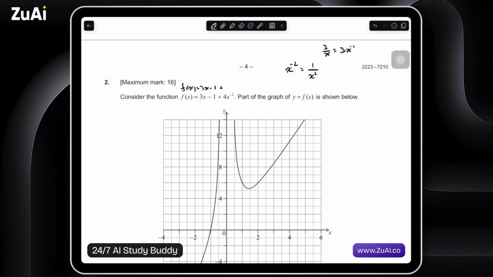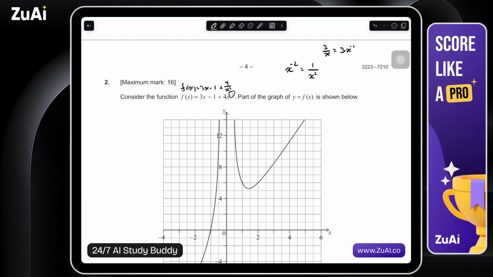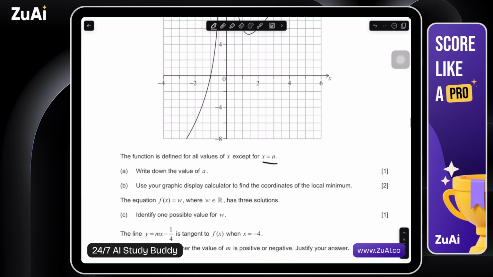In the same way that we have this 4 times x to the power of negative 2, what we actually have here is a fraction. And so we can write this last part as 4 over x squared, essentially. And that will be useful for us here.